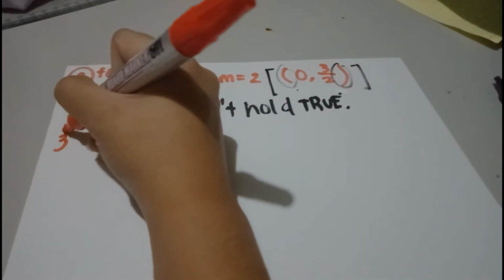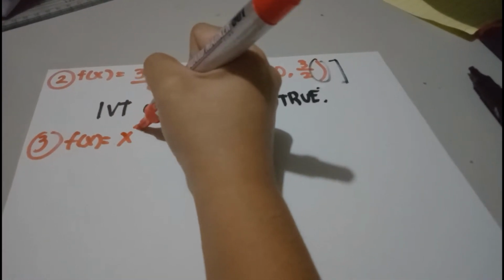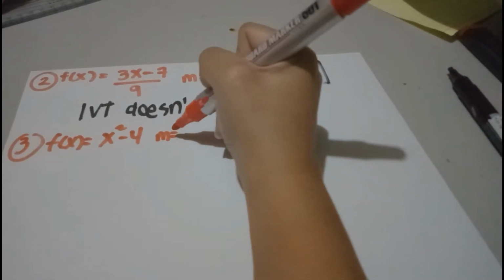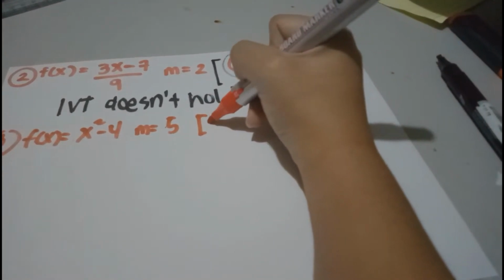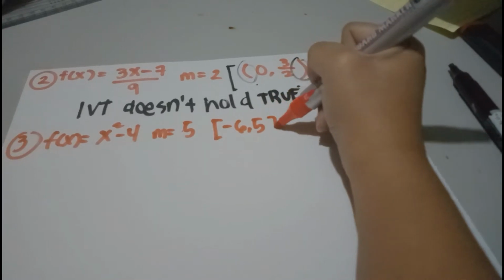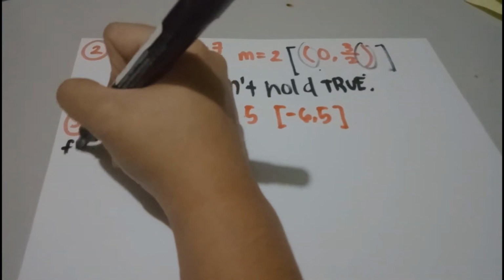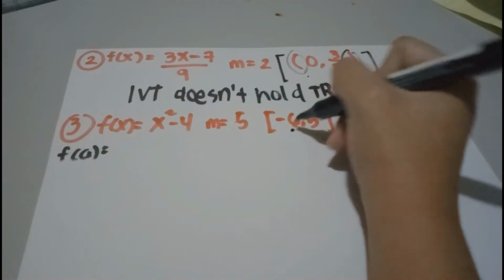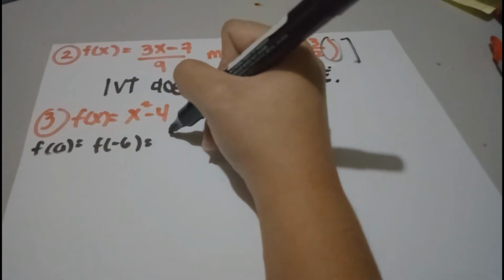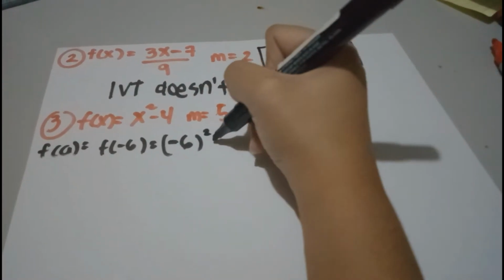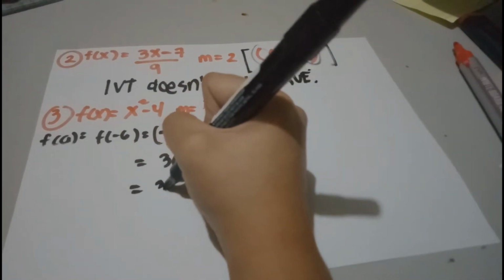Another example, f of x is equal to x squared minus 4, where m is equal to 5 and an interval of -6, 5. So just like the first example, you will get f of a, which is -6. So f of -6, substitute to the equation: -6 squared minus 4 is equal to 36 minus 4, which is 32.